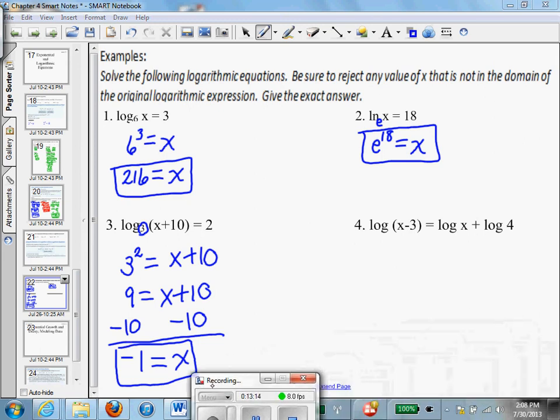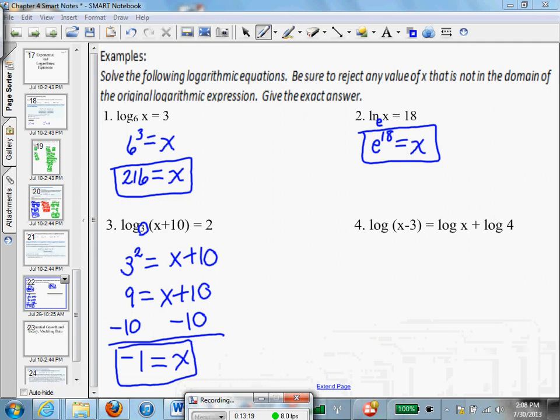Okay, now for this final example, we have log, and we have a base of 10 that we just have to accept, of x minus 3 equals log x plus log 4. Okay, so what I would say is that, let's bring this left side of the equation down as log of x minus 3.